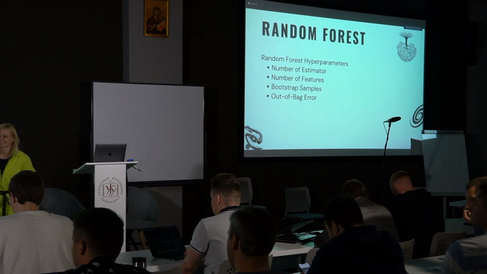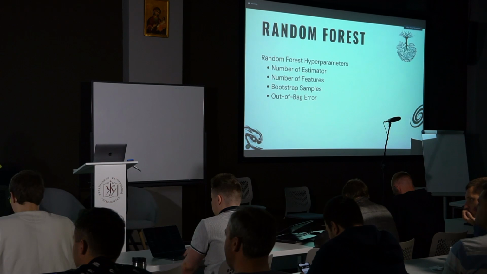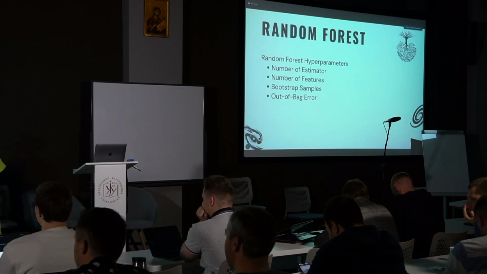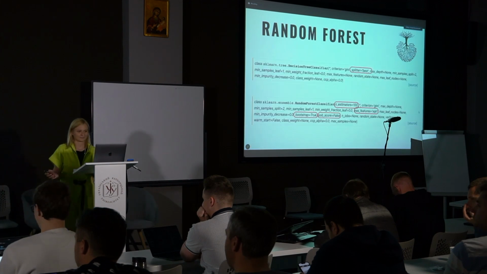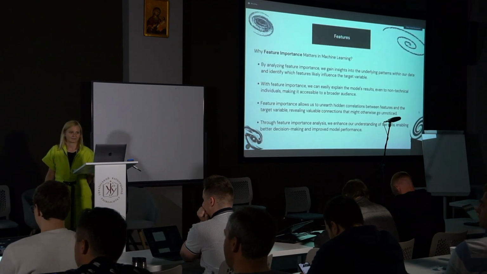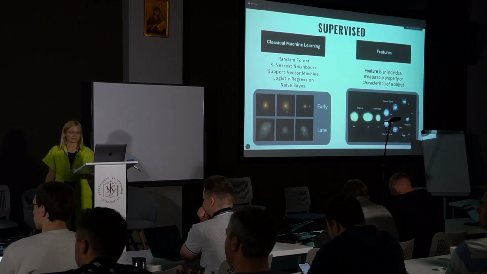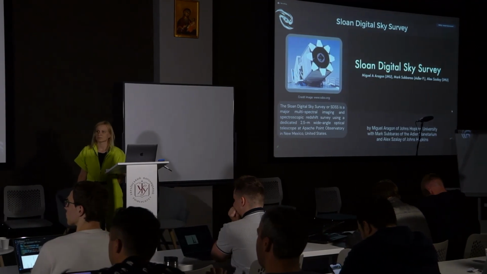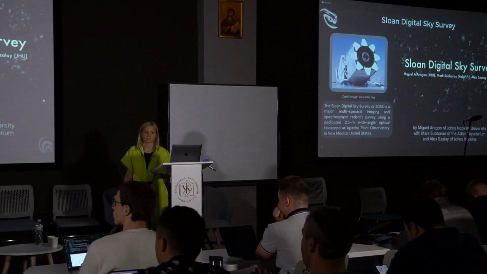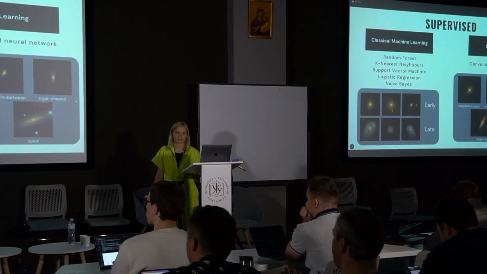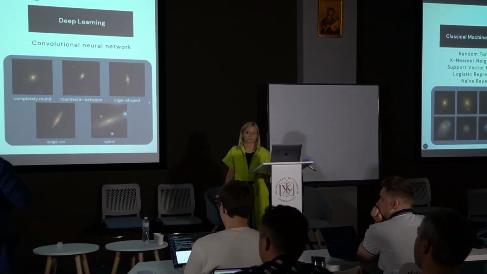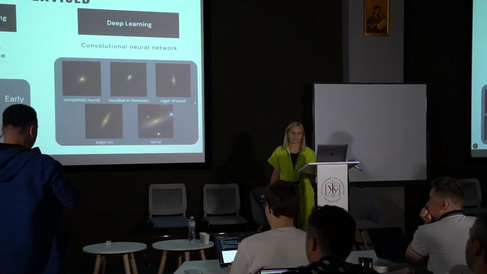First of all, thank you for a nice talk. My question is about the first part of the presentation. You showed us a nice slide where the elliptic and spiral galaxies created two clusters. It was a demonstration of how two classes of galaxies, spiral and elliptic, create two clusters if you look at two parameters.